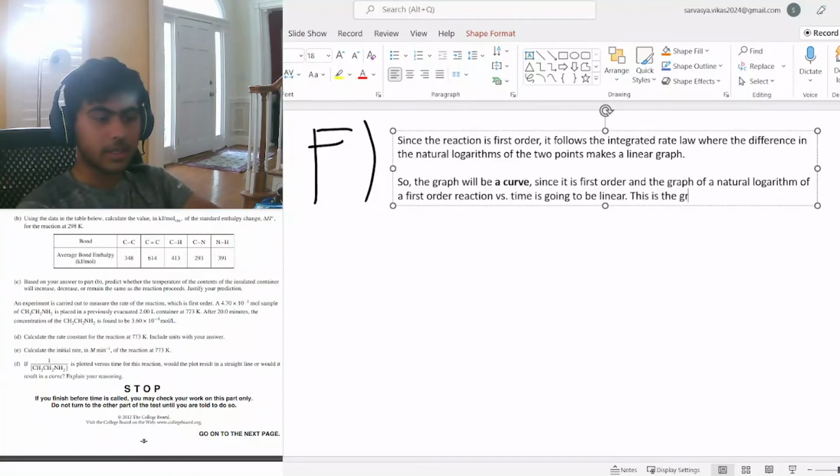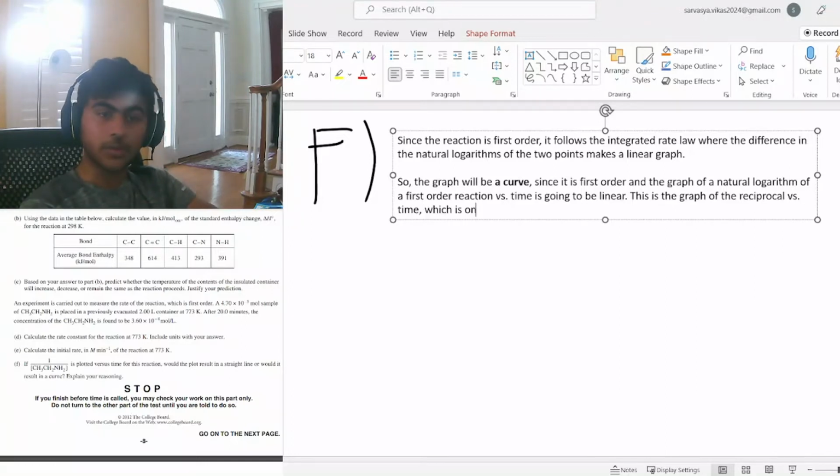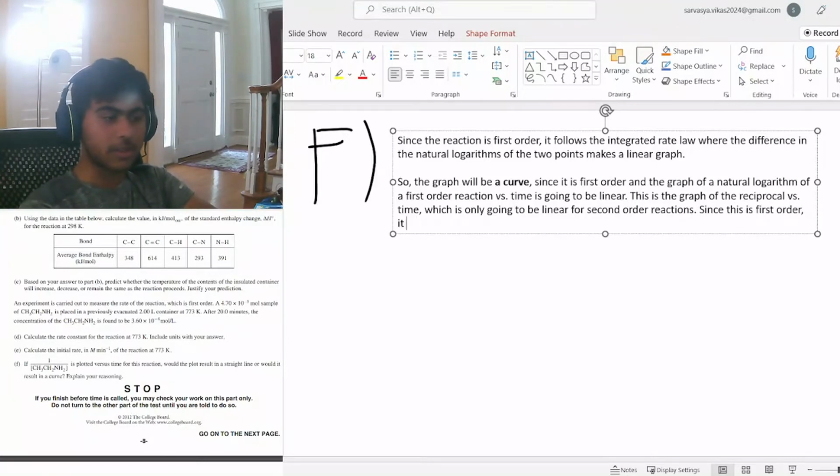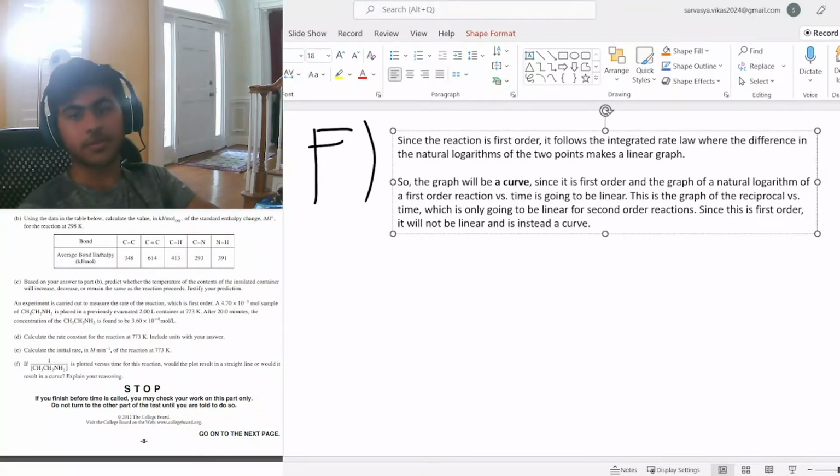This is the graph of the reciprocal versus time, which is only going to be linear for a second order reaction. Since this is first order, it will not be linear, and is instead a curve.